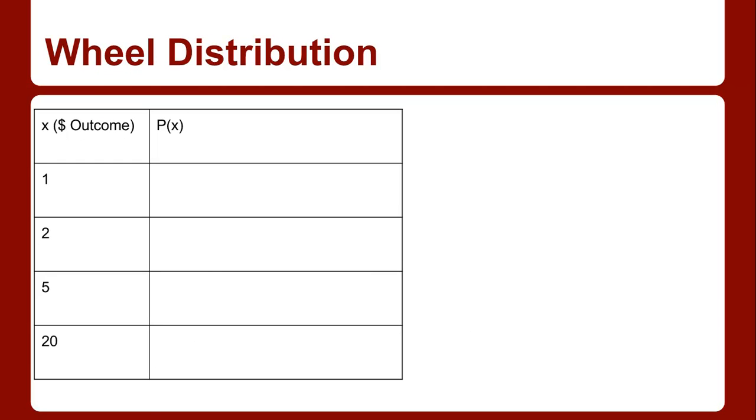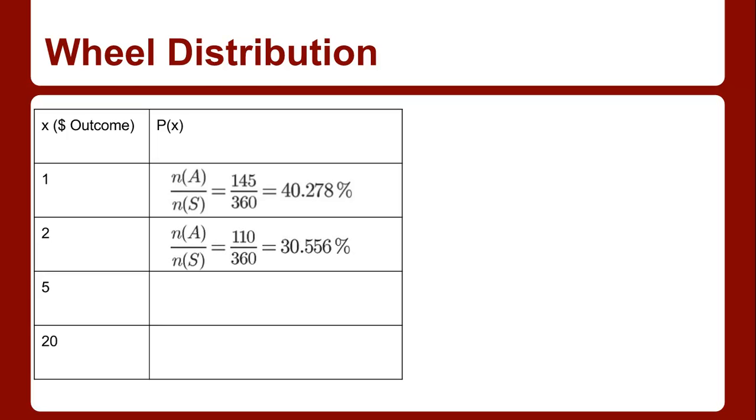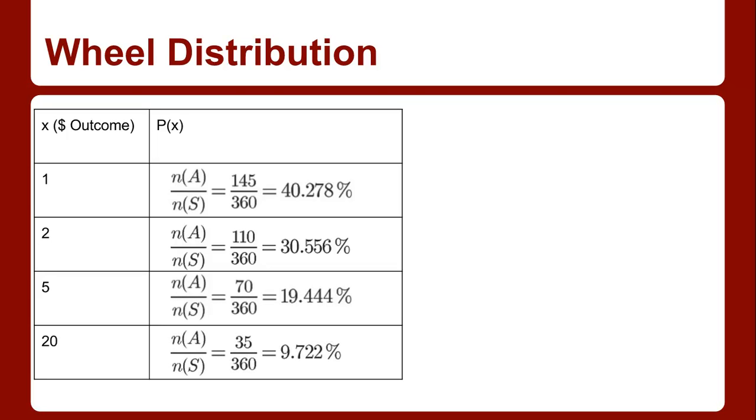So the wheel distribution, the probability, you might have guessed it, for $1, it's 145 out of 360, which is 40%. For $2, the probability is 110 out of 360. For $5, the probability is 70 out of 360. And they have to add up to 360, but the last one is 35 out of 360.